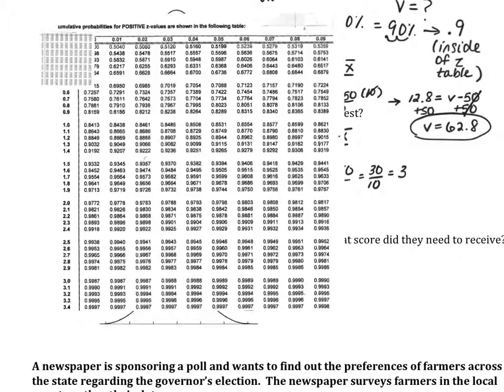And so what we need to do is on the outsides, we need to find 3. And so if you look, it's located right here. And it's just 3. We don't have anything after it, so it's 3.0 and technically is 0 again. So that means the percent that corresponds to it is 0.9987. Now that's a percent written as a decimal.